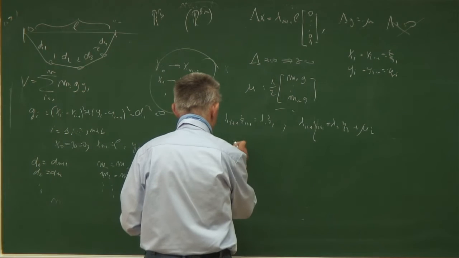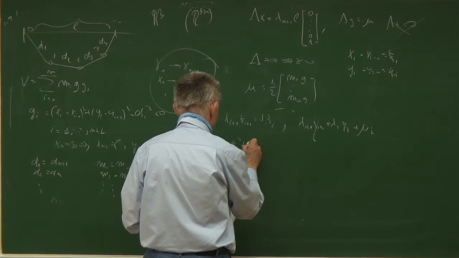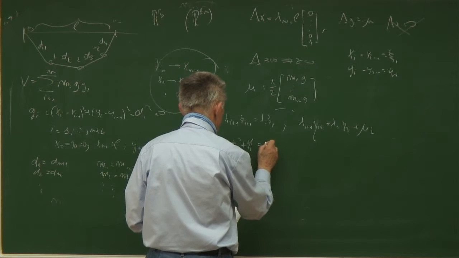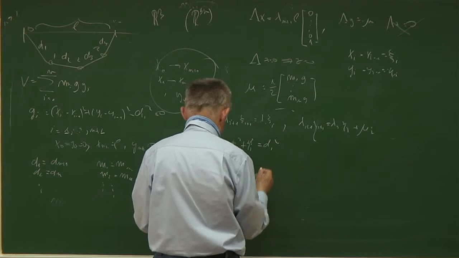And we know that we have xi i squared plus eta i squared equals d i squared.